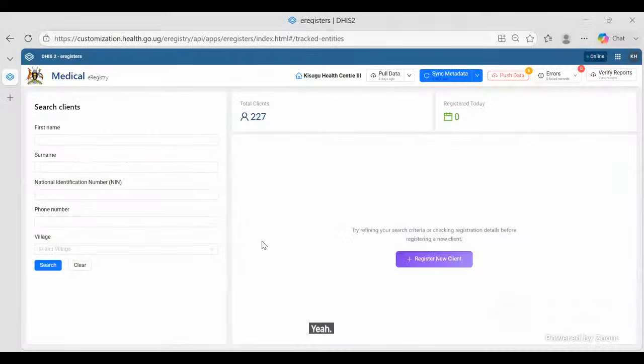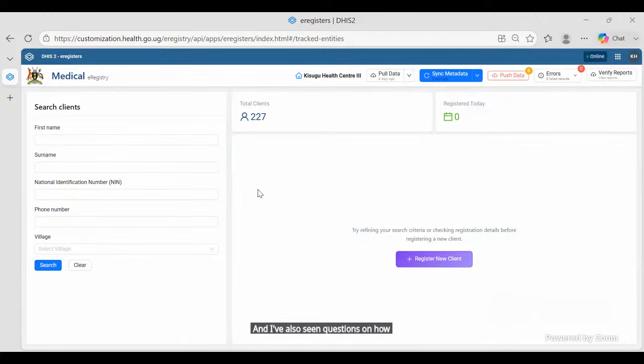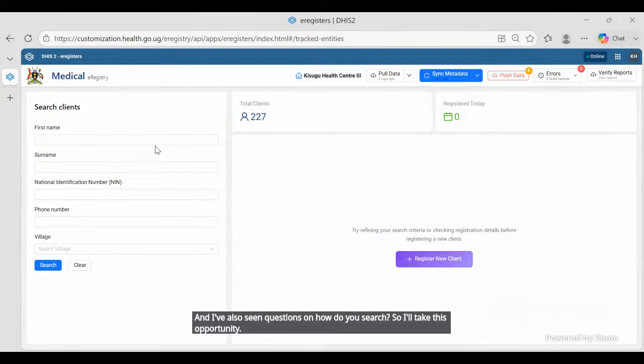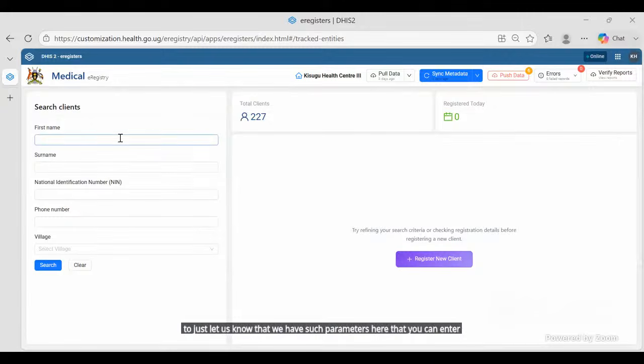I think one of us has requested that, instead of registering a client, we start with a client who already exists. I've also seen questions on how to search, so I'll take this opportunity to show the parameters you can enter here. I have also seen a lot of questions around searching and not finding a client.